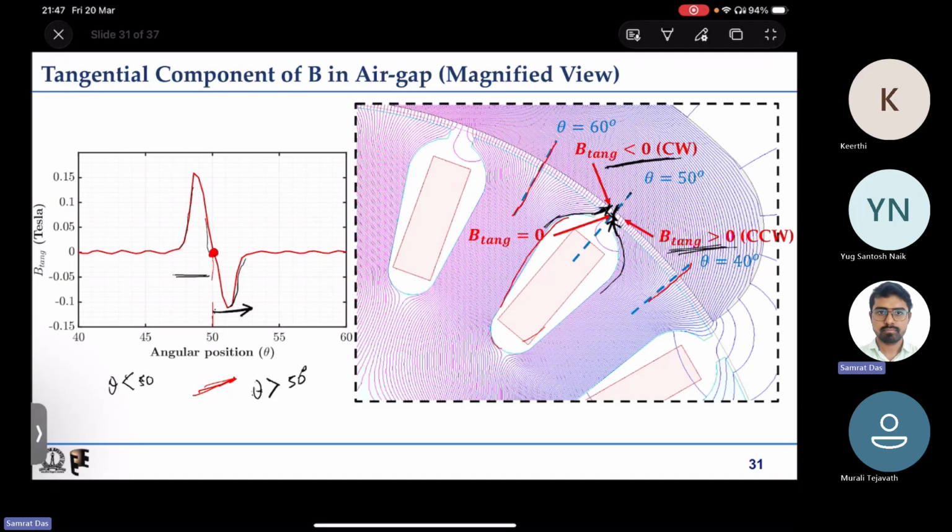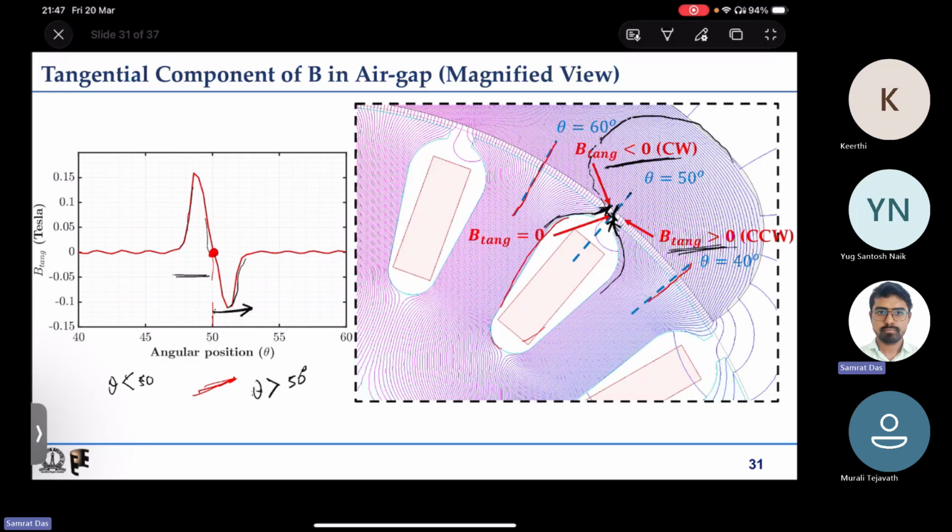Now you can also see that one is stronger and another is weaker. You can see that finally the right hand side gets magnetized, so the right hand side of this stator pole shoe has higher flux density.